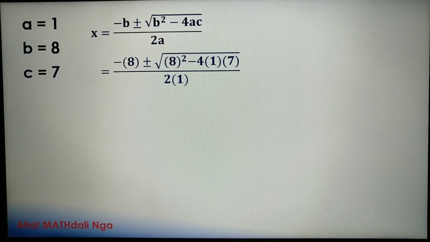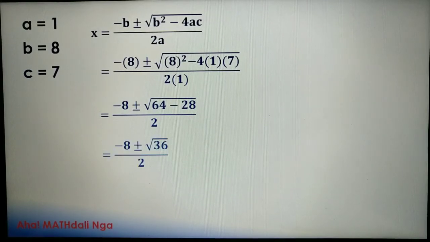Let's simplify. It becomes negative 8 because negative times positive 8 is negative 8. Copy plus or minus symbol, then square root of 8 squared is equal to 64. Next, negative 4 times 1 is negative 4. Then, multiply it to 7, we have negative 28, all over 2 times 1 is 2.